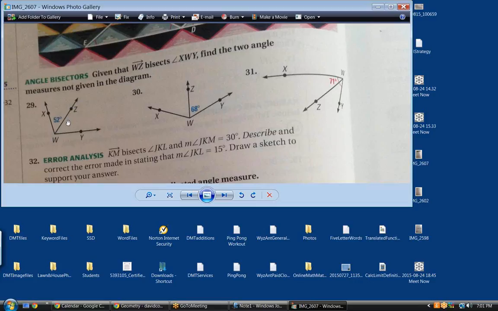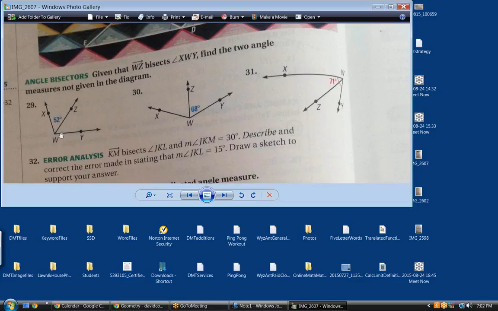And what's another angle that they didn't tell us that we can now say what it is? What's XWY? 52 degrees. No, this one. XWY, that obtuse angle. That would be the total of those two added together?